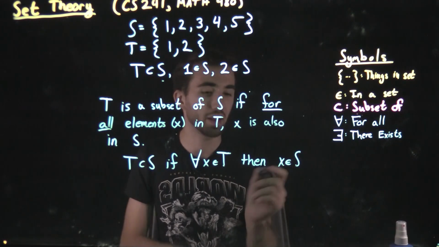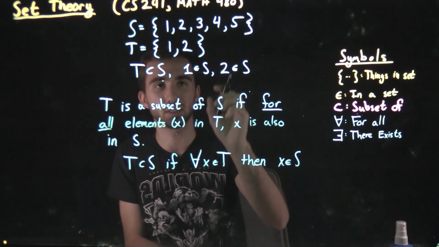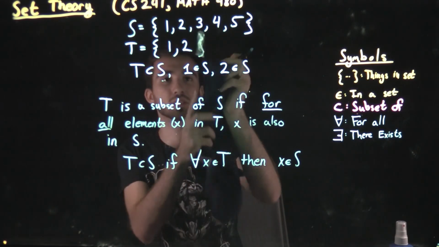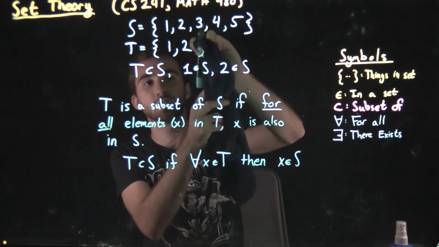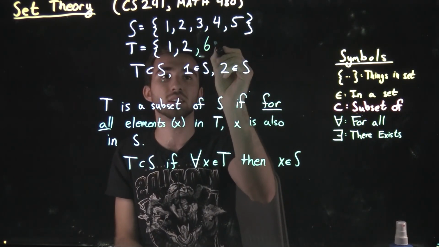And I'll add another little symbol in here. Say that we had something else, right? Say that T also included the number 6.